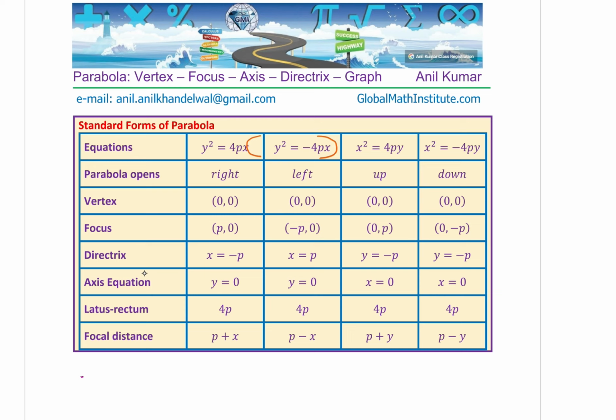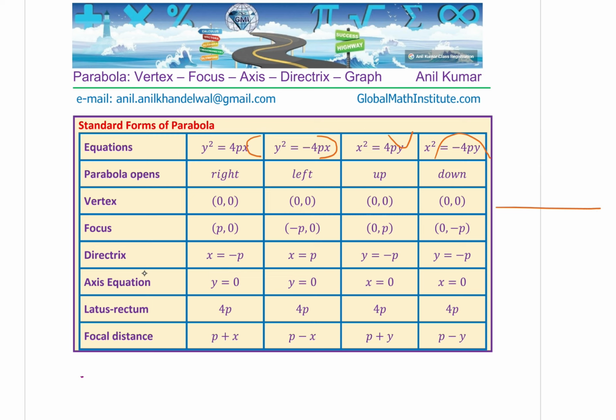If it opens up or down, what happens? If it opens up, then x square equals 4py. We are going to swap x and y to get our equation. And if it is opening downwards, we'll have the minus sign: x square equals minus 4py. You get the idea.